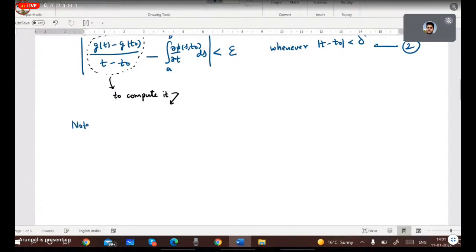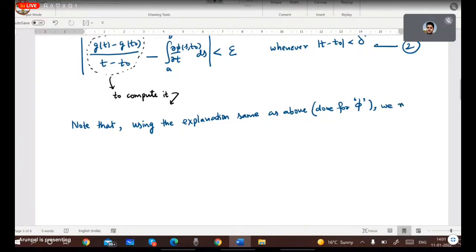First of all, note that using the explanation same as above done for phi, we have that for phi.